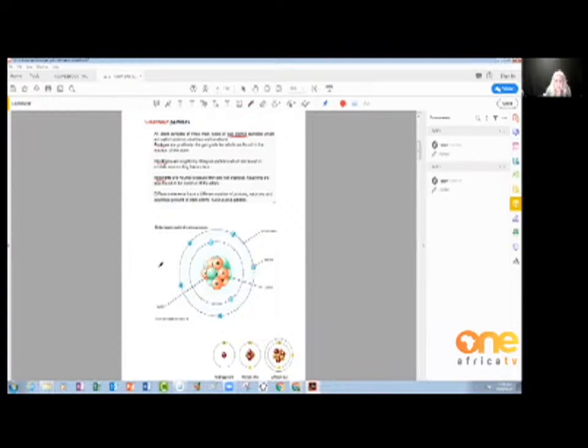Let's write it here with bigger letters. Nucleus of the atom. Let me write it properly because it's terrible. All right, so this is the nucleus of the atom, which is at the center of the atom.